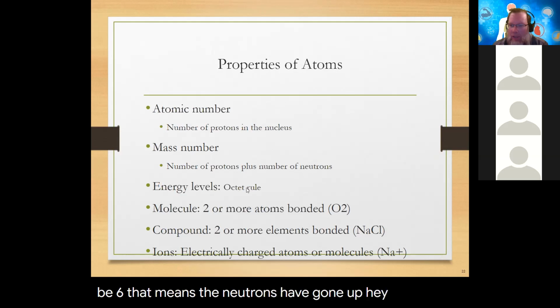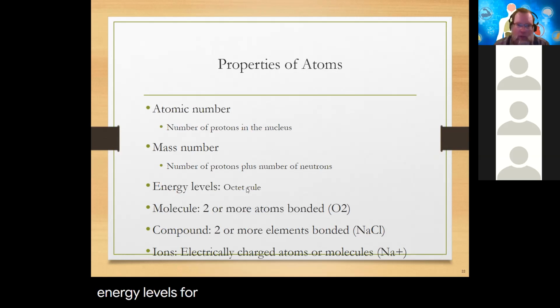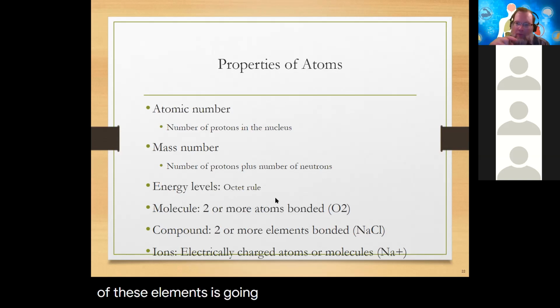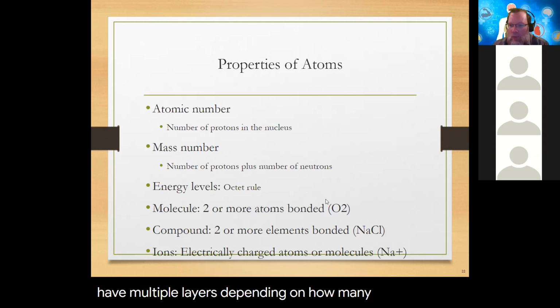Okay, those energy levels, that's where the electrons live. Think of electrons as electricity, as energy, okay, energy shells. Okay, we have what we call the rule of 8. That's the octet rule. So each of these elements is going to have what we call an electron cloud around it. And that electron cloud is going to have multiple layers depending on how many electrons we have.